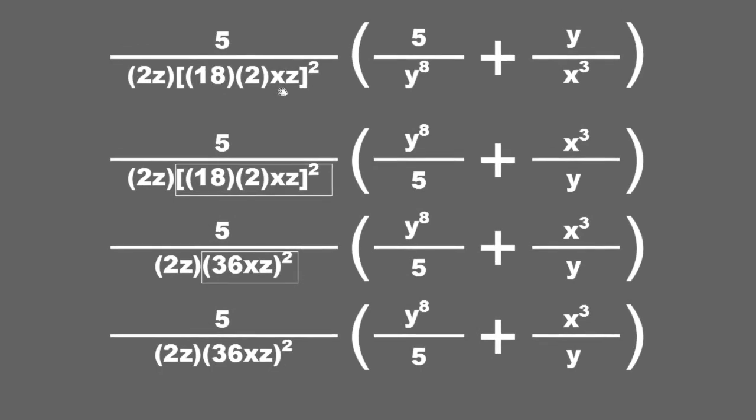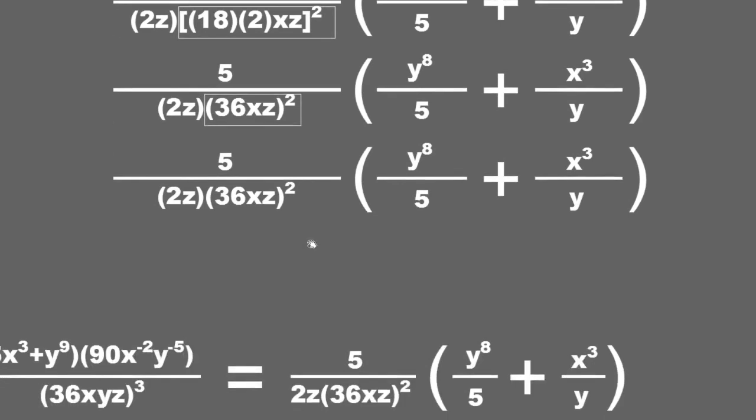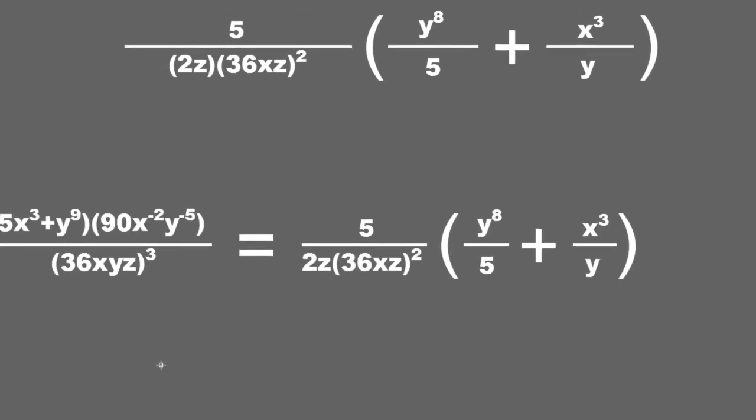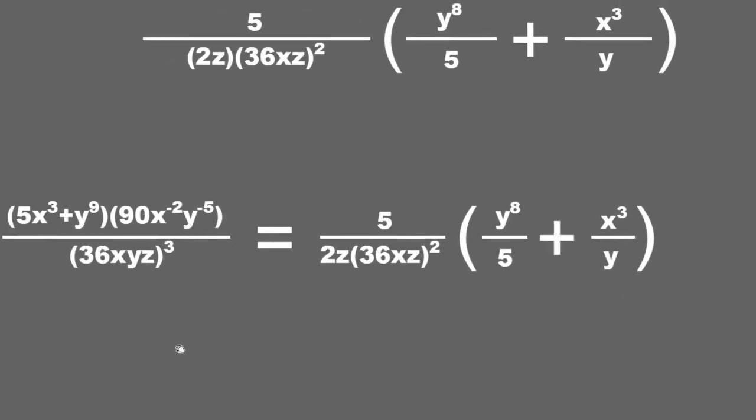And then we have inside of the parentheses 18 times 2. And 18 times 2 is nothing more than 36. So what I end up with is 5 on the numerator, 2 times c on the denominator, and that is multiplied by 36xc in parentheses squared.